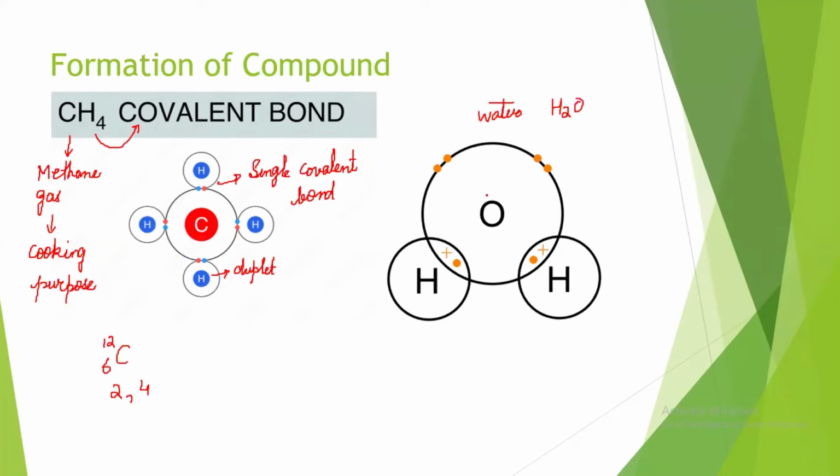Oxygen has 6 electrons in its outermost shell, so it is going to make 2 single bonds with hydrogen. They are basically sharing electrons with the hydrogens like this. And these 2 pairs of electrons exist as lone pairs of electrons.